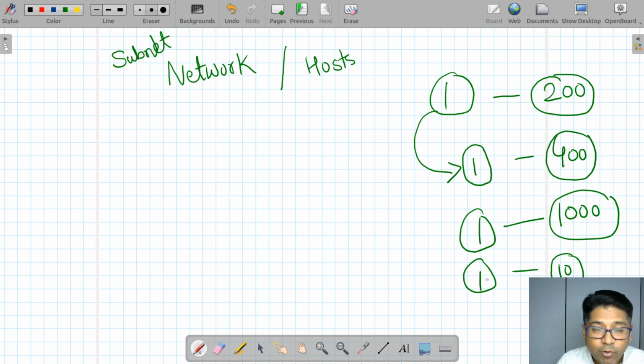Your network is big or small according to the number of PCs in it. Do you agree? Yes, sir.